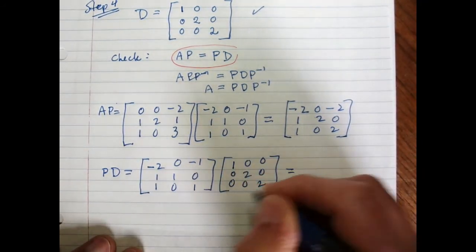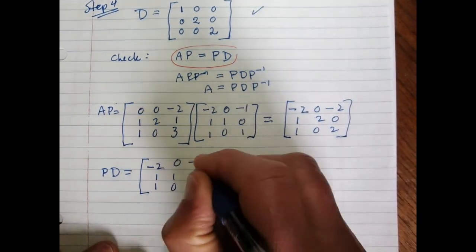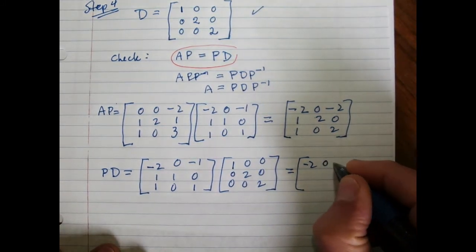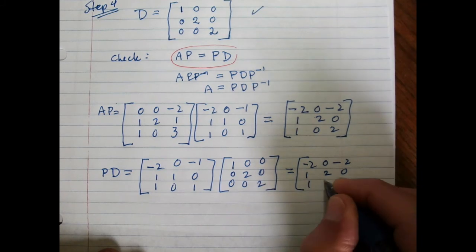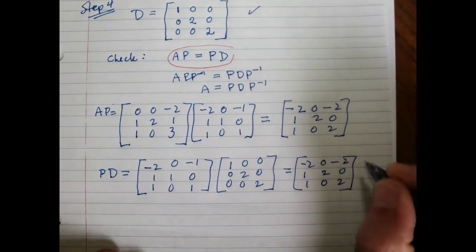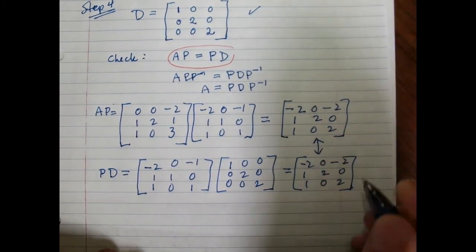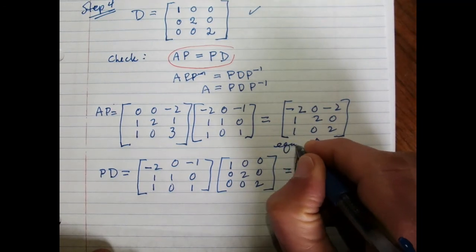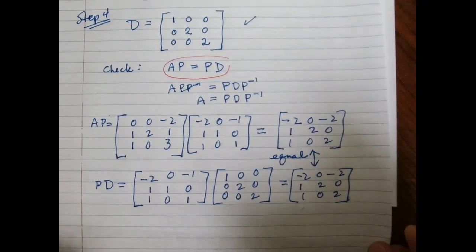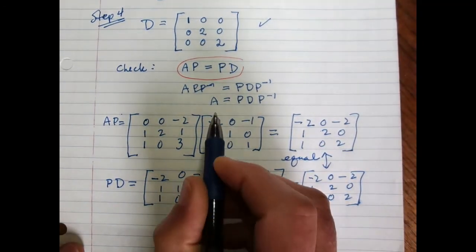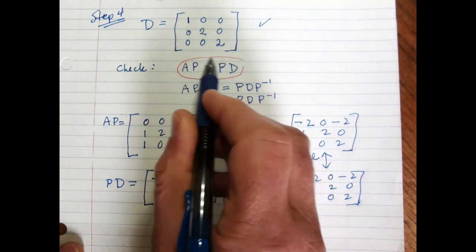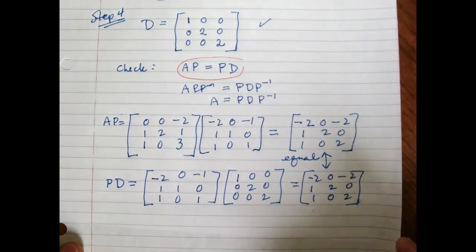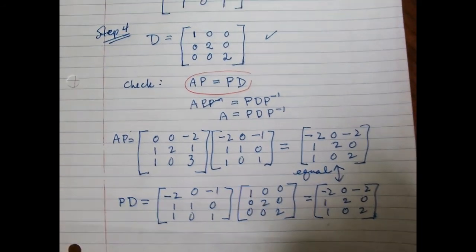And PD, again, I can go through the whole process to check multiplication. And here, these are equal, the same. And so that just confirms the similarity relationship between A and D using this equivalent form of it.